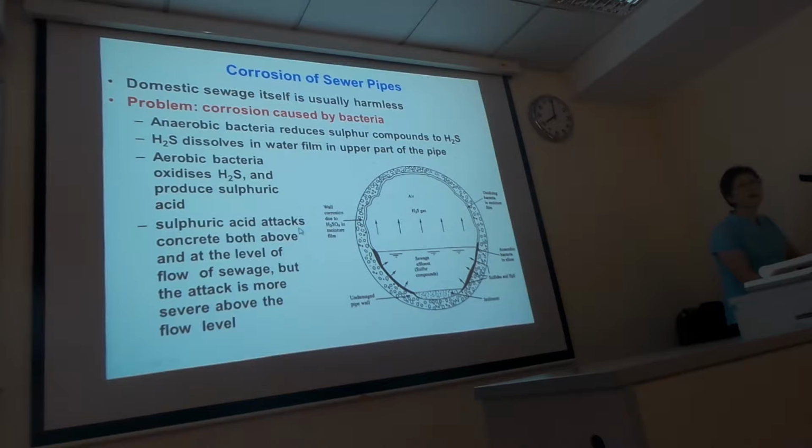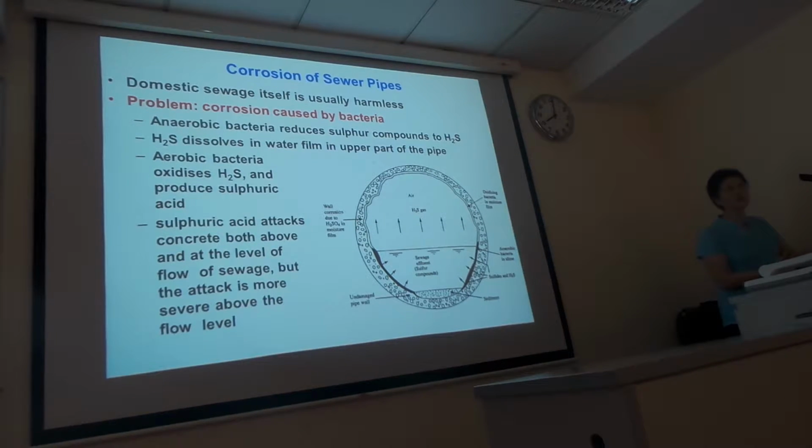Under the effect of aerobic bacteria, it will oxidize the H2S dissolved in this water film, so it produces sulfuric acid. So in this part, you have sulfuric acid, which will be attacking the concrete. So during the service life of this sewage pipe, we know that sulfuric acid is a fairly strong acid, right? So it attacks the concrete.